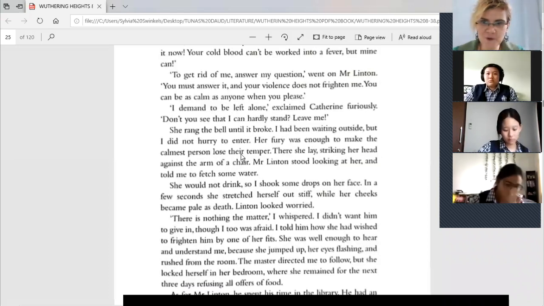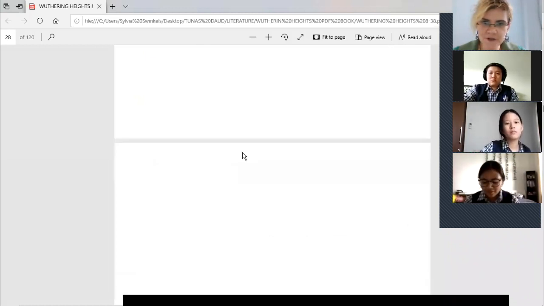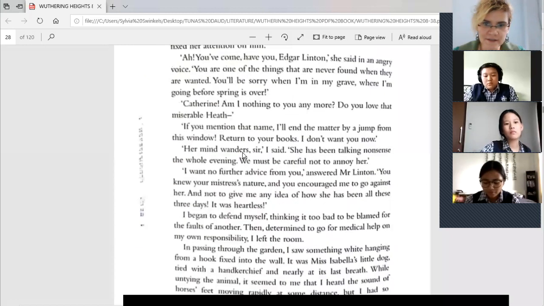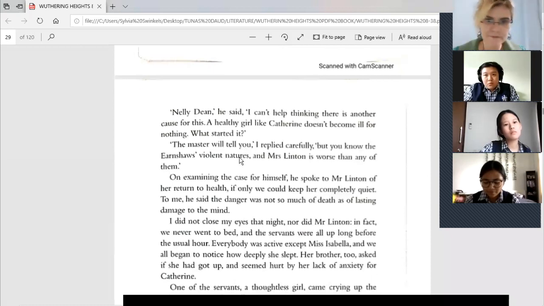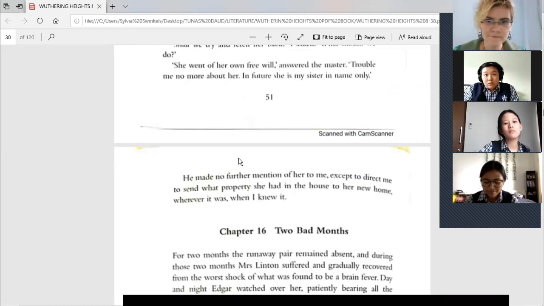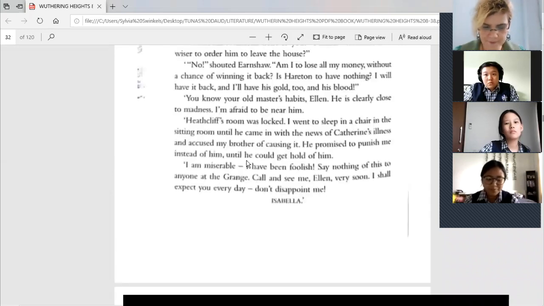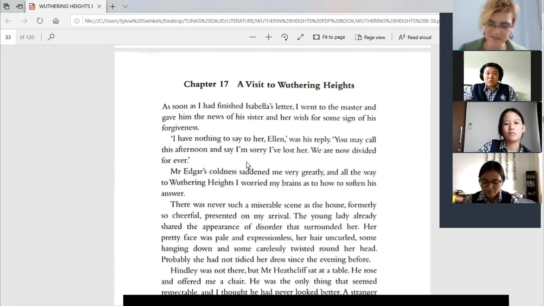You can just read from your own book, but this is just more to show where we are at. So if you're confused where we are at, you can see. Chapter 17, a visit to Wuthering Heights.